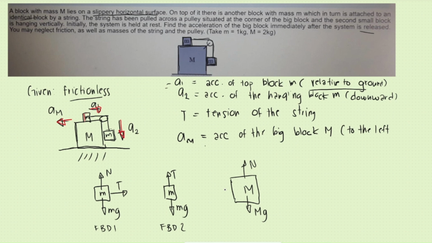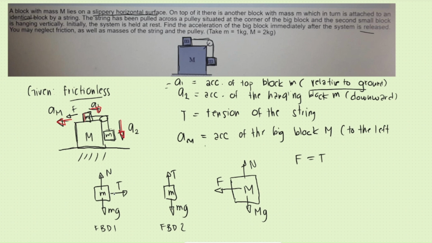And also we have the force F. So this F here is the same value as the tension. Why is it the same value as the tension? Because as this block is moving to the right, it will also exert a force opposite to the tension, right?